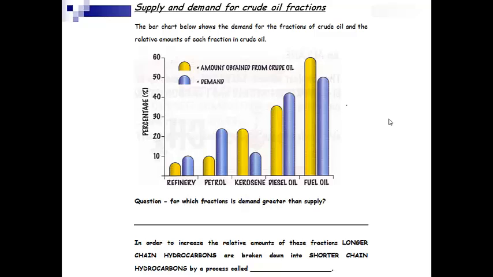Therefore we need to try and fix that problem. So let's have a look at the question: for which fractions is demand greater than supply? All you're going to look at on that graph is whether the yellow bar is higher than the blue bar.